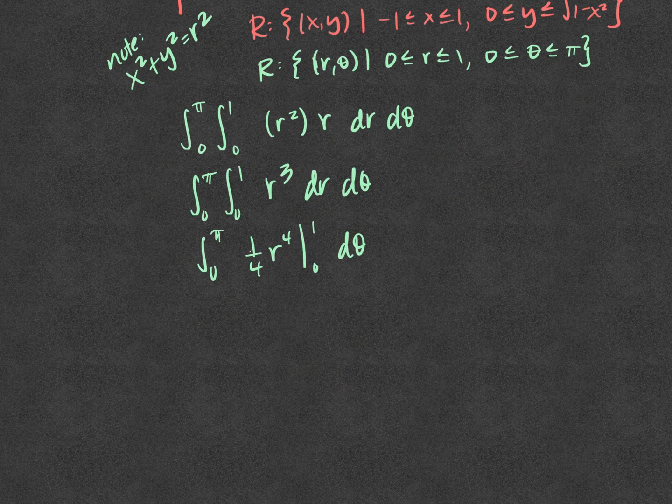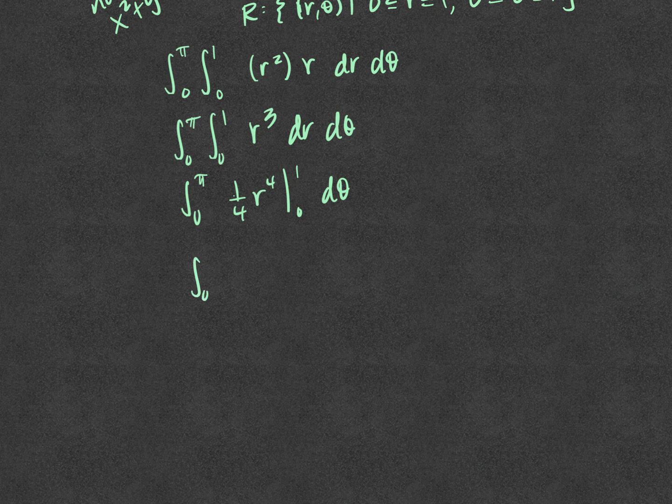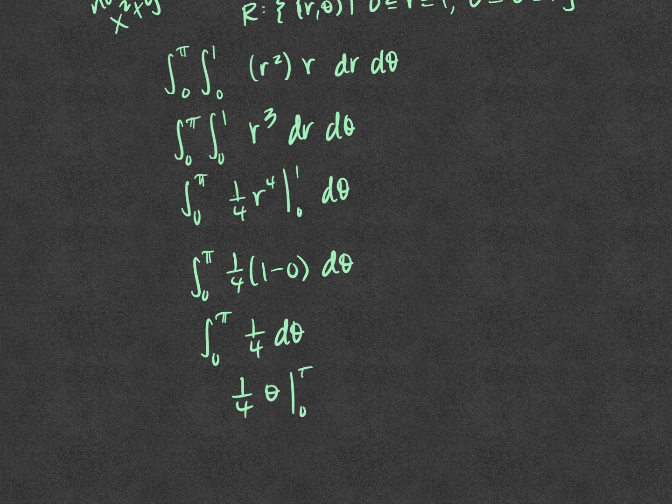And then we have 0 to pi, so we have 1/4 times 1 minus 0 d theta. 0 to pi, 1/4 d theta. When we integrate this, we get 1/4 theta from 0 to pi. So this means we have 1/4 times pi minus 0, which is pi over 4. So that is the value of the double integral there.